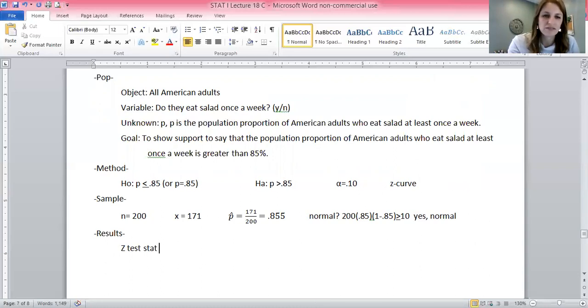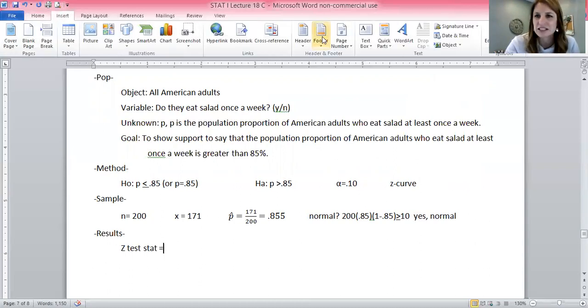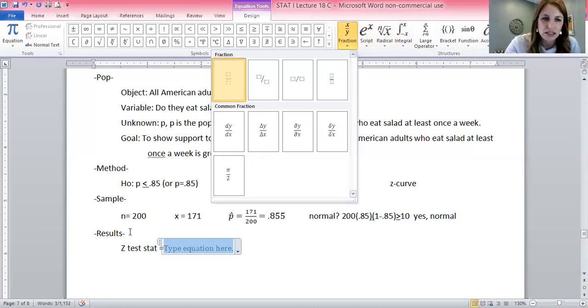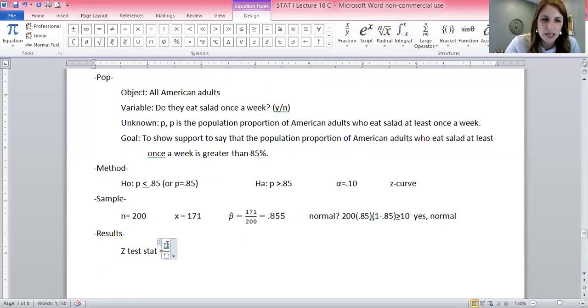So this value is equal to, I'm not going to plug in all of them. I'm hesitant to use my equation because it was kind of giving me trouble before. So my test statistic, it's a fraction, first of all. And it's my p hat, which is 0.855, minus my p naught, 0.85, divided by the standard error.